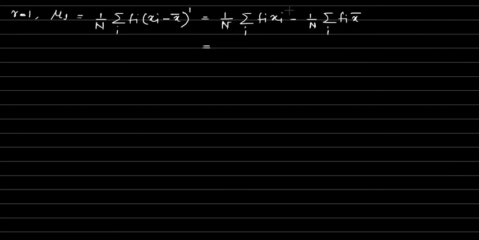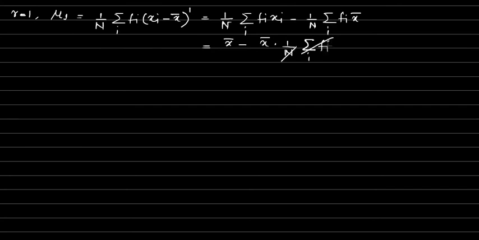We know that this is the definition of the arithmetic mean, so this is nothing but x bar. Since in the next term x bar is independent of summation, we can bring x bar out, so we have 1 by n into summation over i of fi.